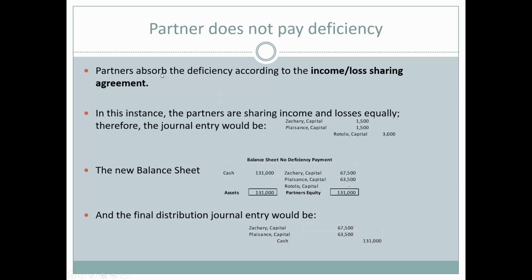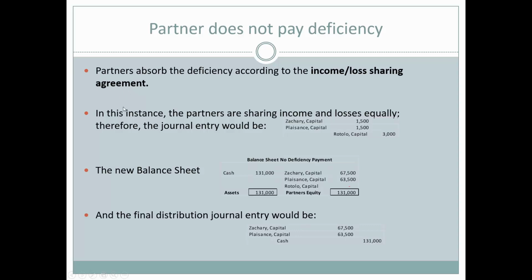Now, what happens if the partner doesn't pay the deficiency? Then the other two partners will absorb the deficiency according to the income and loss agreement. Well, the income and loss agreement had them sharing equally. So since Rotolo is out of the picture now, this means that Plaisance and Zachary will share it 1/2 and 1/2. Prior to this time, with three partners, it was 1/3 for each.